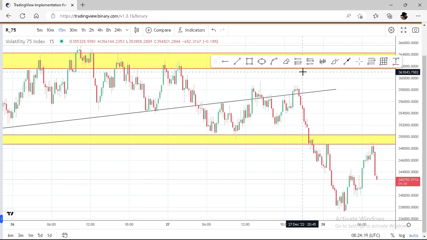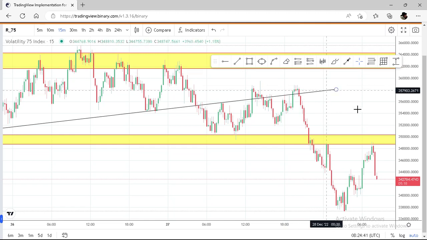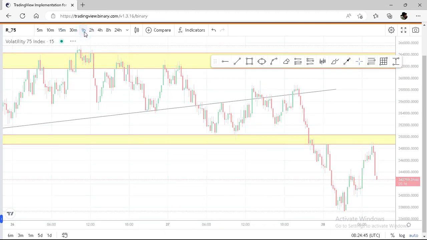Scalping is basically entering in smaller time frames and exiting early as well. For example, the difference between a day trader and a scalper is very, very simple.